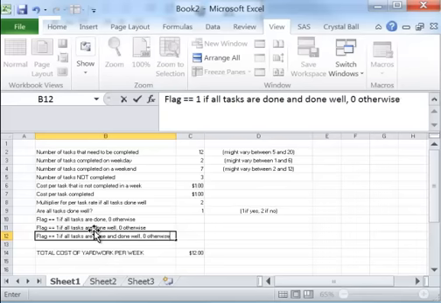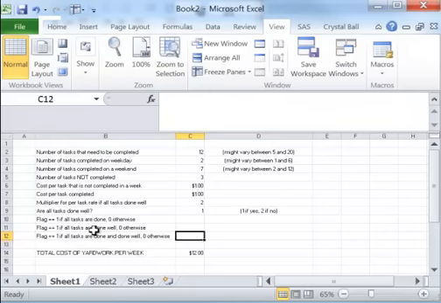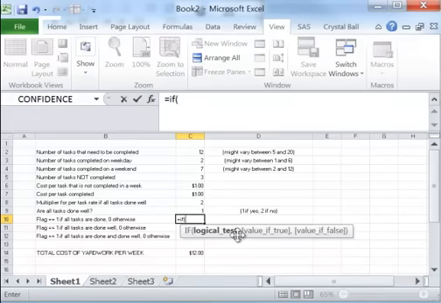Okay, so these are not just values, input parameter values that we want to fill in. These are things that we want to calculate as a function of what's up here. So the first one is pretty easy. Are all the tasks done? 1 if yes, 0 otherwise. So we're going to use if statements to help us do this. Equals if, and remember I need the logical test first.